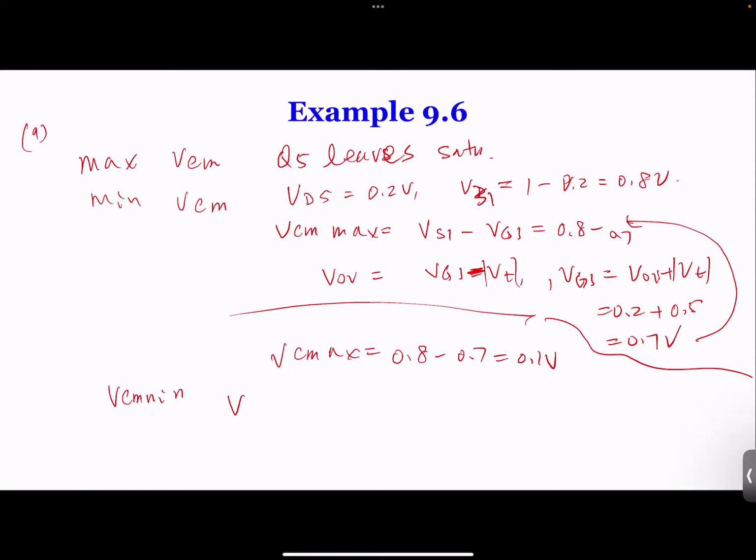VD1. So S3 equal to VD3, which equals minus 0.3 volts. We just analyzed minus 0.3 volts. And then this VCM min has to be S3 minus 0.5, so minus 0.8.